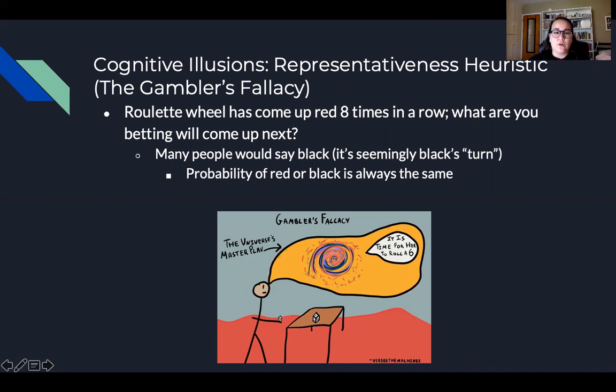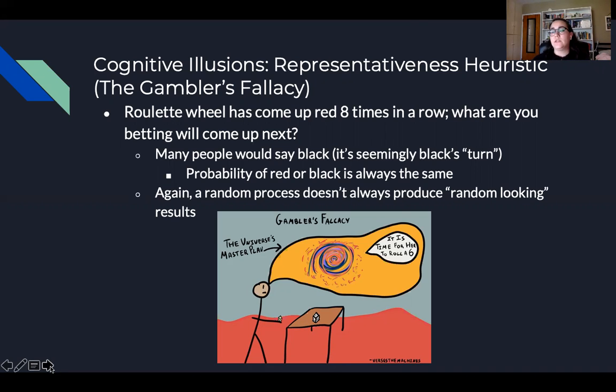So random processes such as flipping a coin or spinning a roulette wheel are not always going to produce results that look random, especially in the short term. So it's important to keep this in mind.